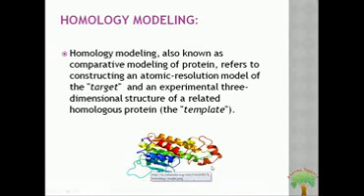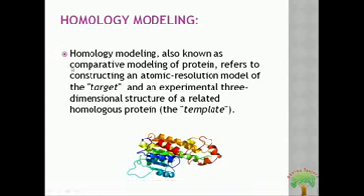And the last method for structure-based drug design is homology modeling. Homology modeling, in simple words, is nothing but building up a 3D structure of a protein molecule from the known amino acid sequence of that protein, in reference to a standard protein molecule whose 3D structure is already known.